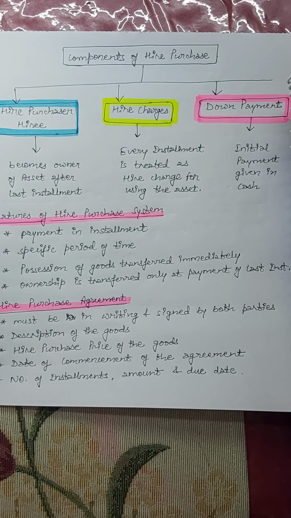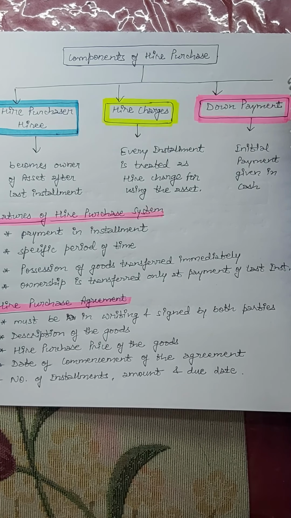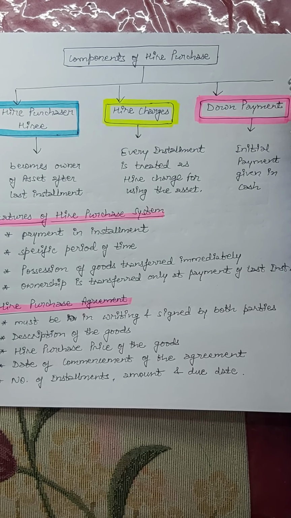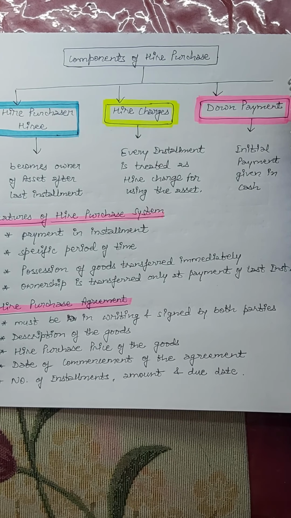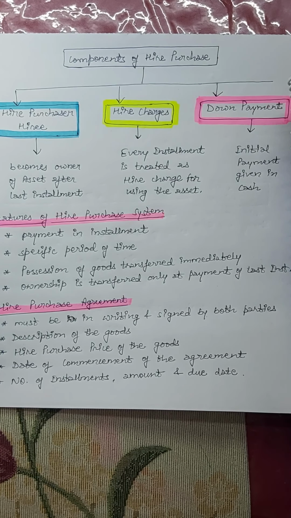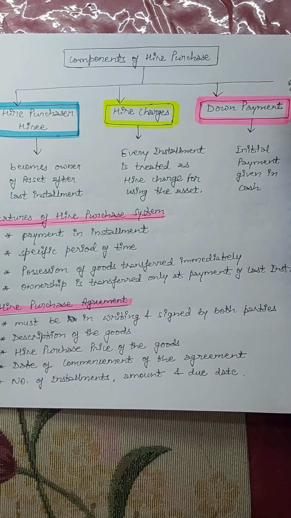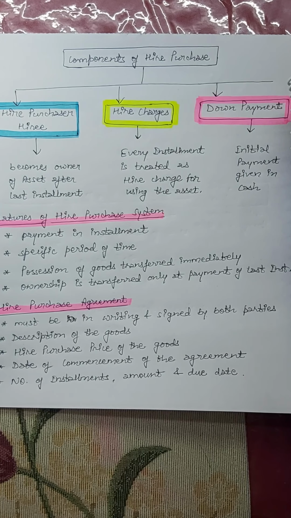Goods change place from hire vendor to hire purchaser, but the ownership is only transferred when the hire purchaser, or the hiree, pays the last installment. And all these things are incorporated in the hire purchase agreement.